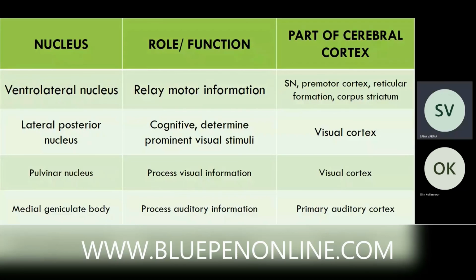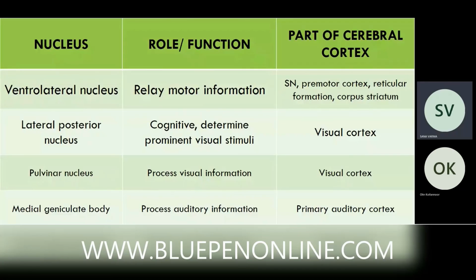Okay. Then next is lateral posterior nucleus. Its main role is that it sends information to the visual cortex. So it communicates with the visual cortex in the occipital lobe, and its role is in cognition, to determine prominent visual stimuli.